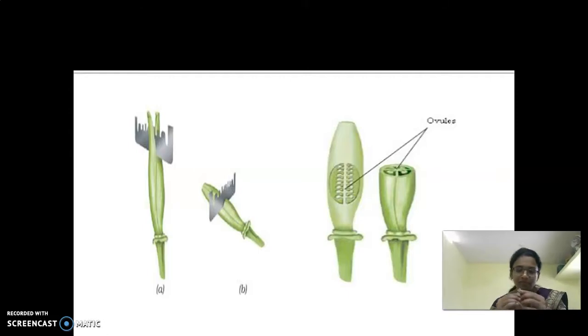So look at here. Okay, you have it right. This is ovule. What is this? Ovule. Inside this ovule, you will be having some small seeds. Yes, I got it. So you will be having some bulb-like structure. Inside that, you will be having some small seeds. Look at here.